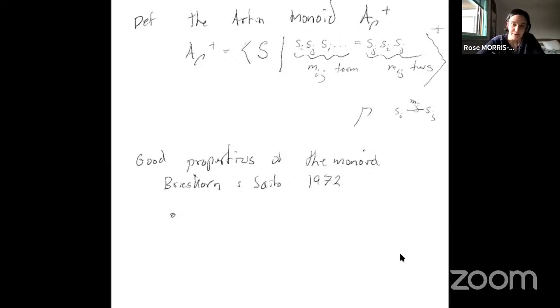So one of the nice properties is that the monoid has well-defined length of a given element.